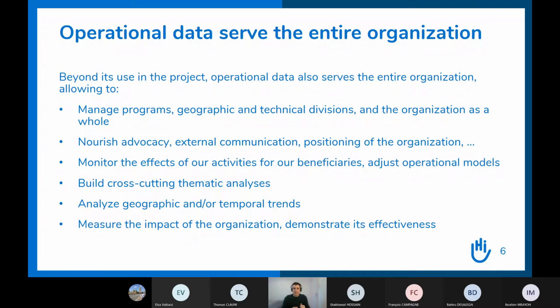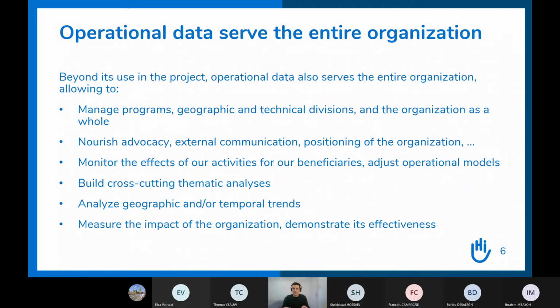It can help us to build analysis, not only based on one project, but based on several projects in different contexts, and see maybe if some approach that we are implementing in one context works in another context, then we have to compare the data from the two projects. So we can have geographical analysis, or we can also have analysis at different times. So see if there is a growth, if there are changes between different years.